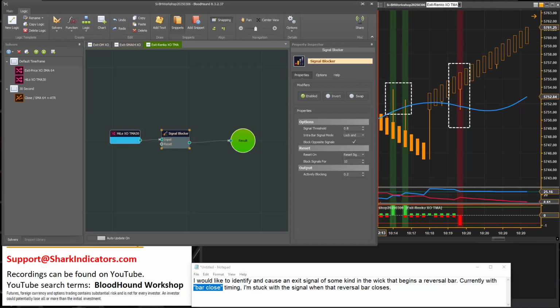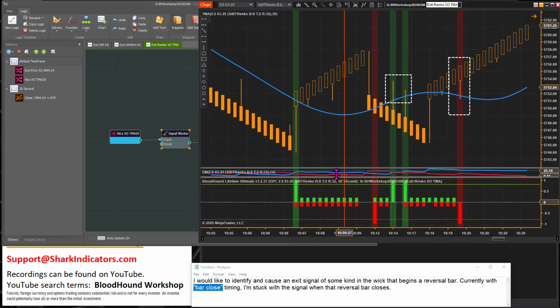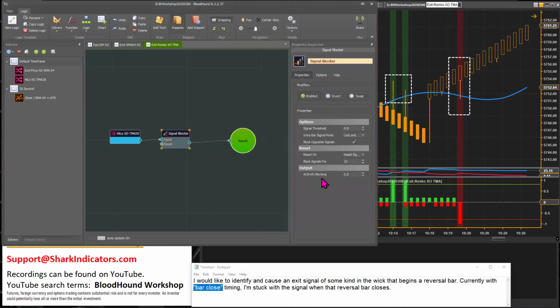This gives you a visual output that you can look at. So this is the active blocking output. We can see the signal blocker has been blocking for all these bars. Okay, great. So this helps you debug your signal blockers. That's what this does.